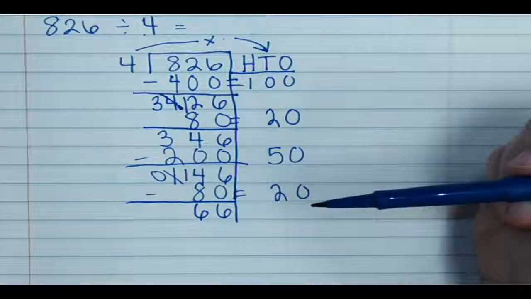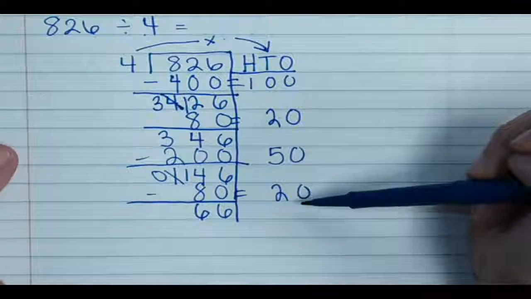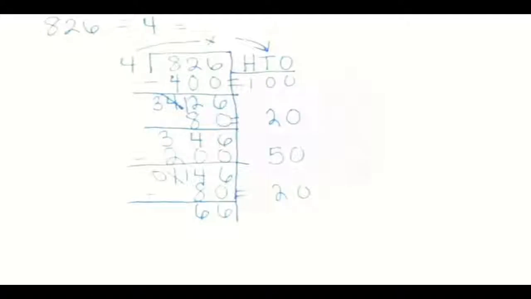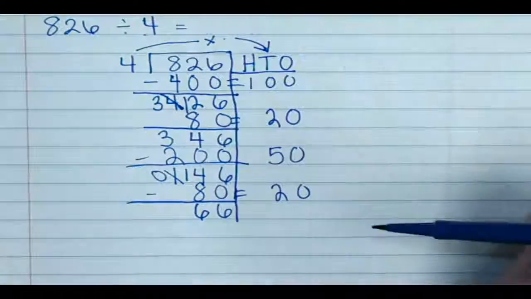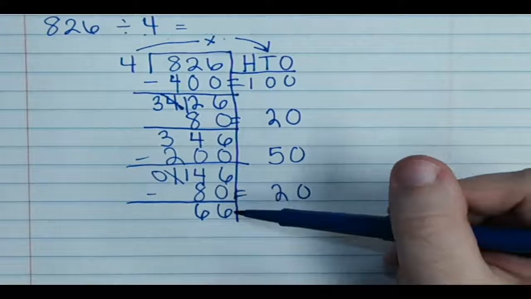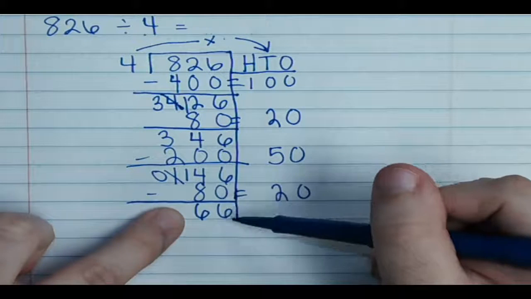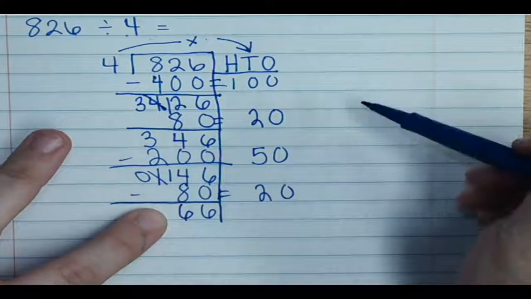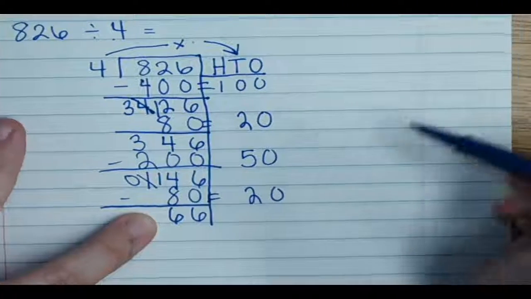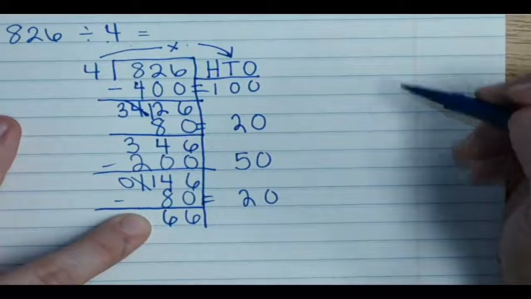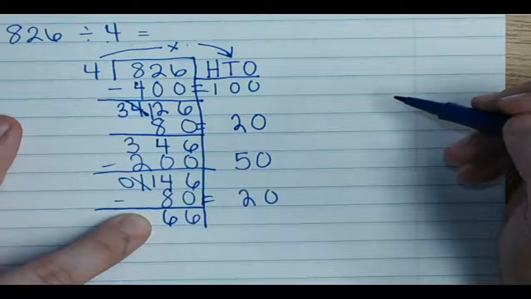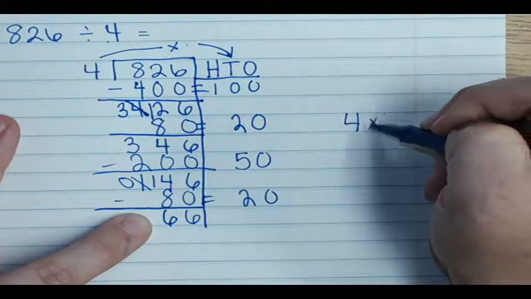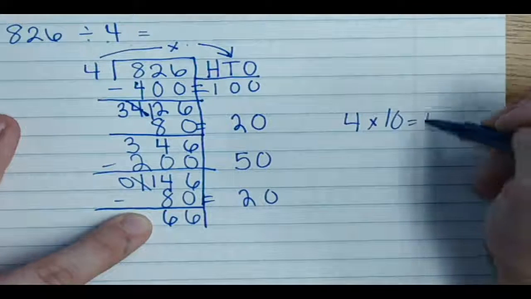I know I can't do 20 again because 20 would get me to 80, and sorry, lights went off in the room. Our answer is now down to 66, so we can't subtract 80. I always tell kids if they're unsure if it will work, multiply over to the side. So I'm going to go ahead and multiply times 10 over to the side, which is very easy, and they probably would not have to multiply that to the side.